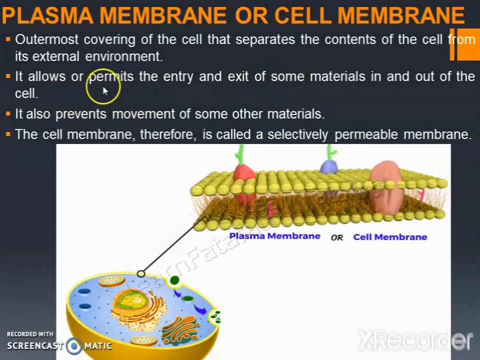So it allows the entry of some substances in and out of the cell. Not only that, it also prevents movement of some other material. It will not allow all the materials to pass through it. It will allow only certain materials in and out, and it also prevents movement of some other material.